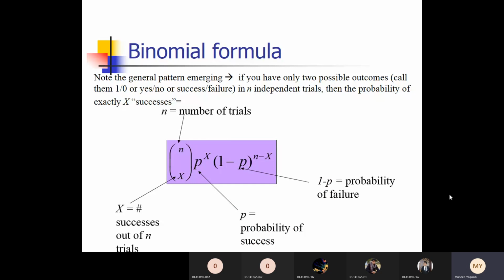All you have to do is identify 4 parameters in a given experiment or problem. What is the number of trials, what is n? Like in the previous example, 6 voters are being interviewed, so we can say that n, the number of trials, is equal to 6. Similarly, out of the 6 voters, we want 2 voters to cast their vote in favor of Mrs. Clinton, so x, the number of successes, is equal to 2.